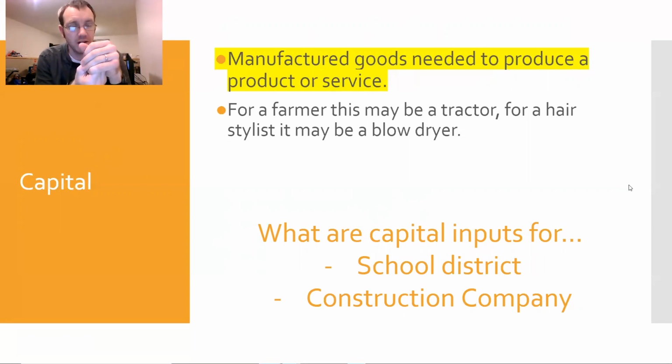But like the bleachers and everything for the fields, the furnaces that we use to heat everything, the air conditioning systems, all of that would fit with capital. Construction company, your trucks, maybe any lifts that you have, any expensive saws, trailers, if you have diggers or excavators or anything like that, they would all fit with capital too. So if it's something that's manufactured that costs a lot, it's probably going to fit with capital if you use it to produce something.